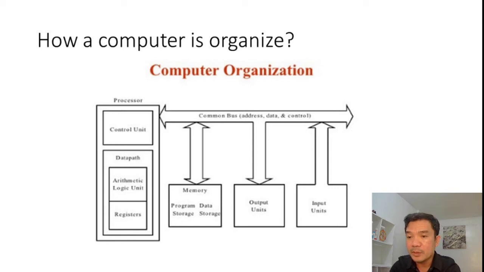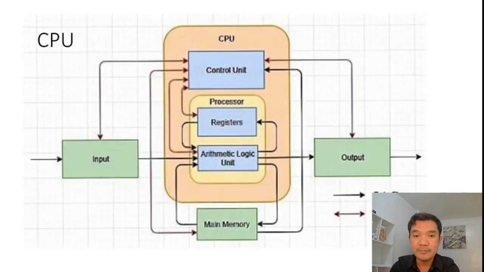We have input from the common bus, and this input might need data from the memory, or it could go directly to the control unit to capture the instruction, and the arithmetic logic unit might do something about the information. It will go back to the bus or go to the memory again and be displayed as part of the output, which you can imagine on your screen.